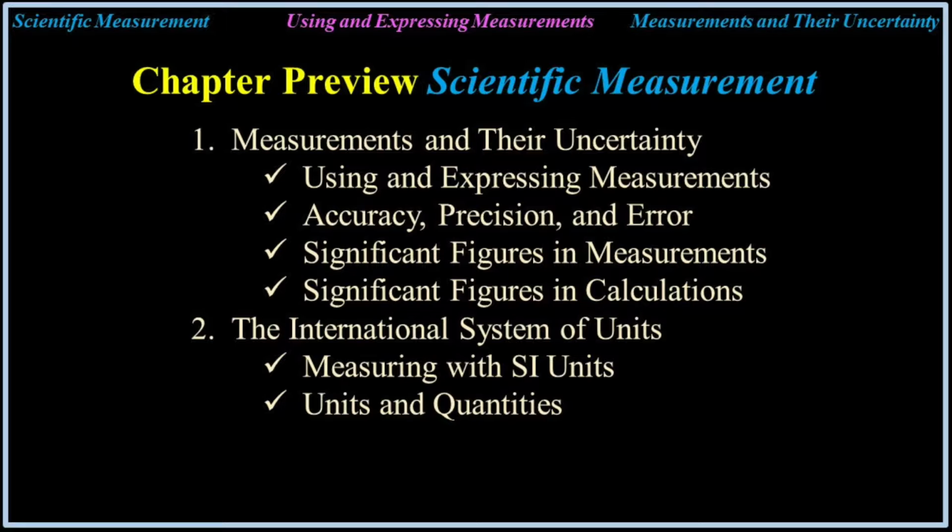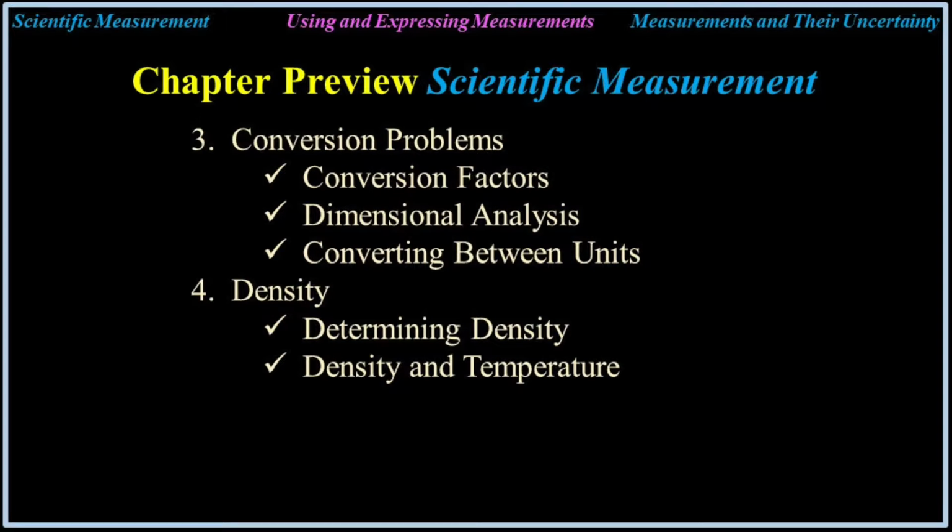The second section, the International System of Units, which is a French-founded organization, and things are stored in France. We'll get to that when we get to the chapter. And it's broken into 2 subsections: measuring with SI units, that's Systems International, and units and quantities.